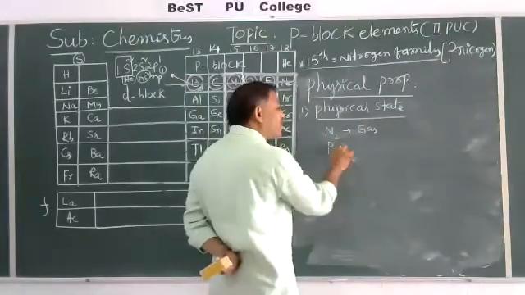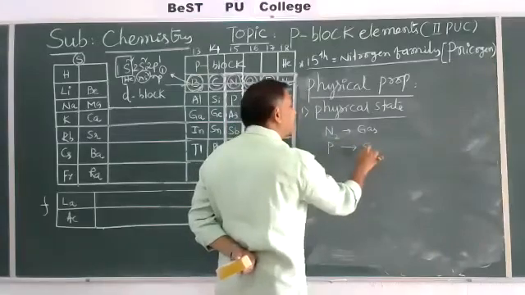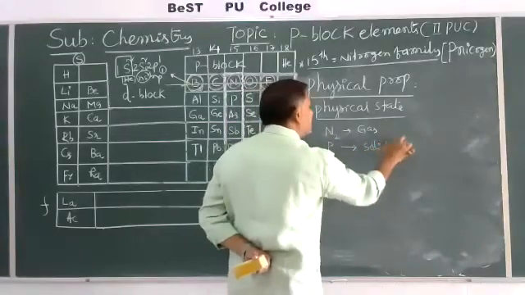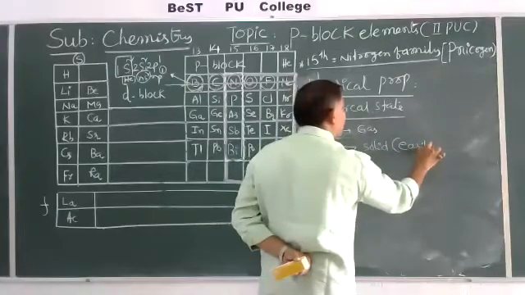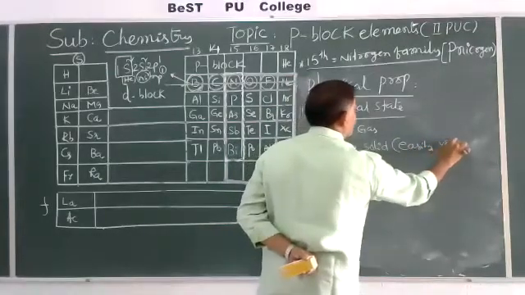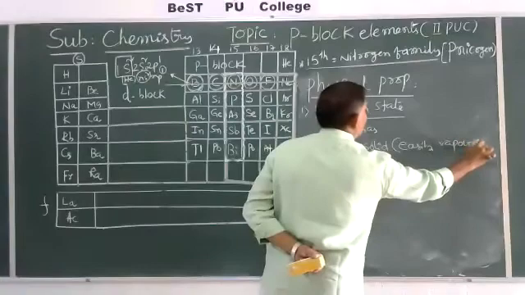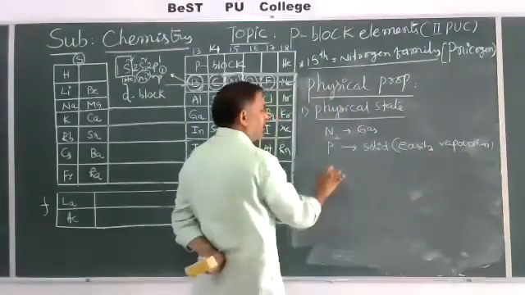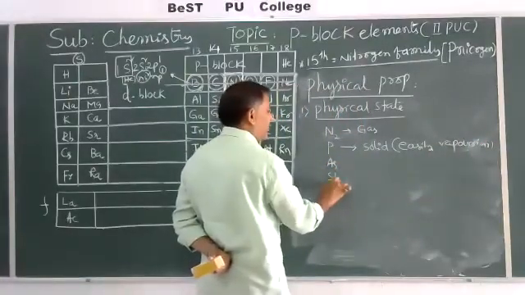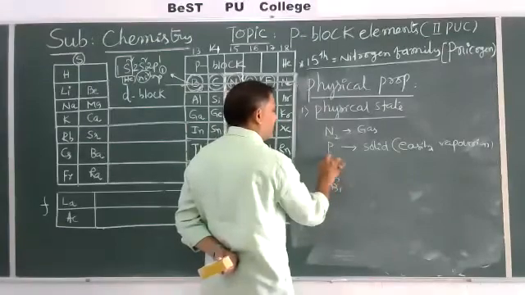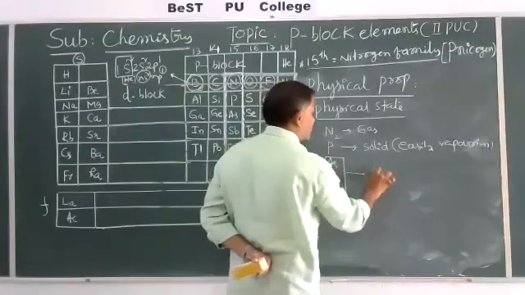Phosphorus is a solid, but it is easily vaporized. The remaining arsenic, antimony and bismuth are solids.